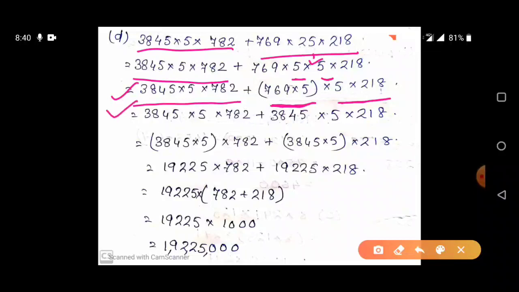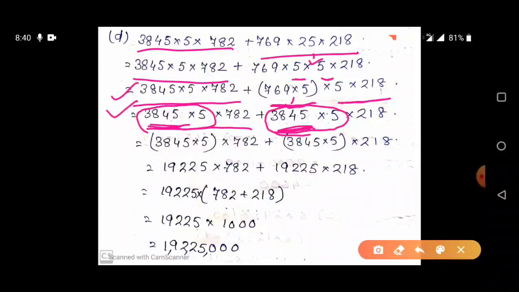In the next step, the first part we will write same as given, and here we will multiply 769 into 5. So the answer will be 3,845. Now see, 3,845 is common for both the cases. Now you will again see that 3,845 into 5 and 3,845 into 5 is common for both the cases.